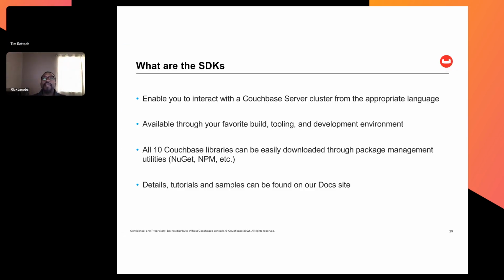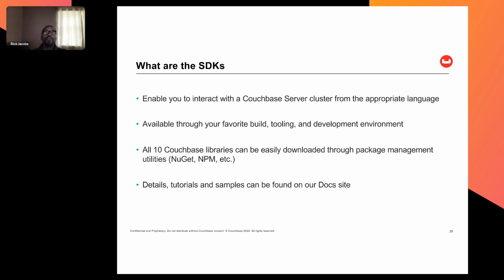The Couchbase SDKs are available in 10 different languages, and they can be downloaded via the usual methods that programmers use to access libraries. We also offer extensive documentation for the SDKs. We offer tutorials, quick starts, and also sample projects that can be cloned from Git.